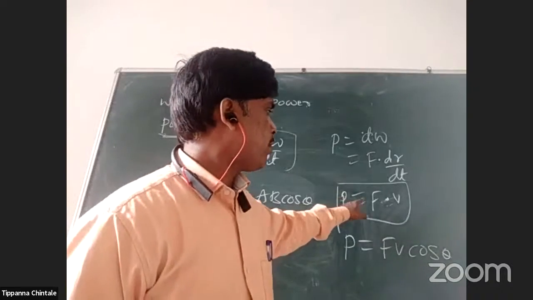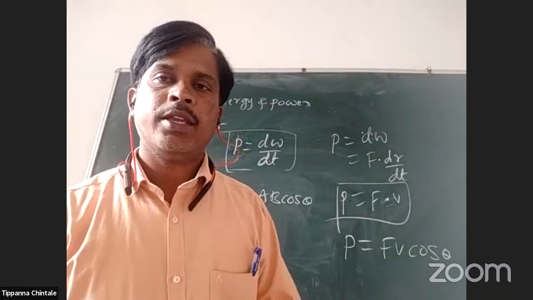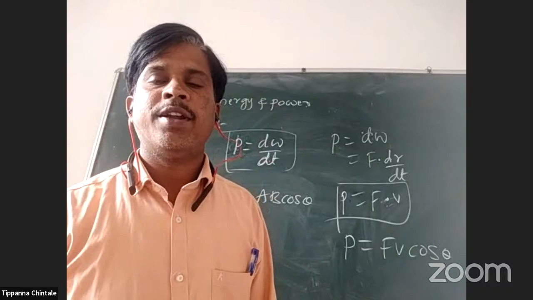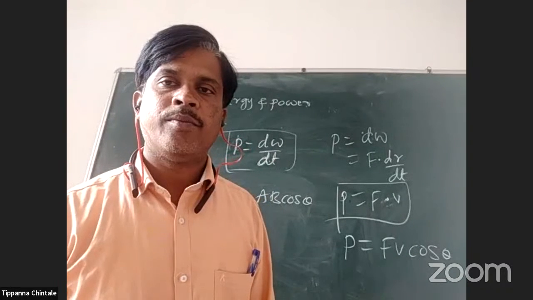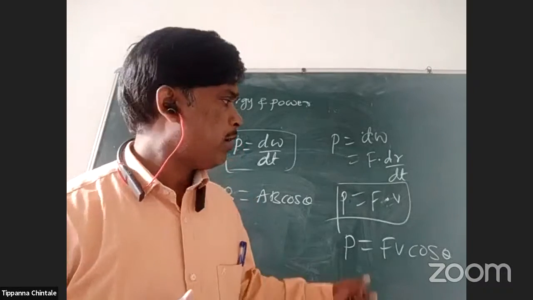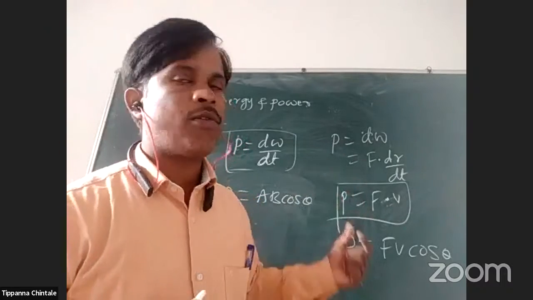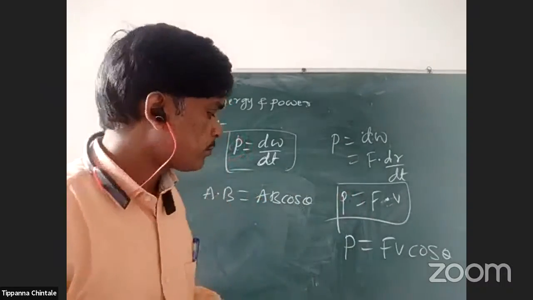Therefore here P is equal to F dot V can be written as Fv cos theta. But for the exam point of view, remember what is the power, its SI unit, and its dimensional formula. Already I have discussed the dimensional formula of all quantities in the second topic itself.